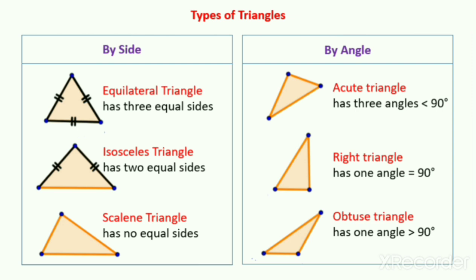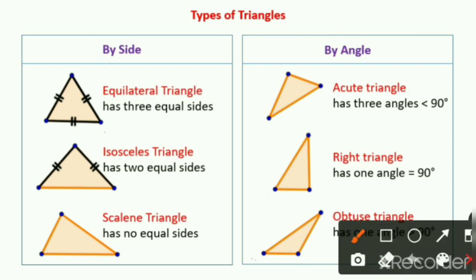If each of the three angles is less than 90 degree, this angle is less than 90 degree, this is less than 90 degree, and this is less than 90 degree, we call it an acute angled triangle. Clear, children?